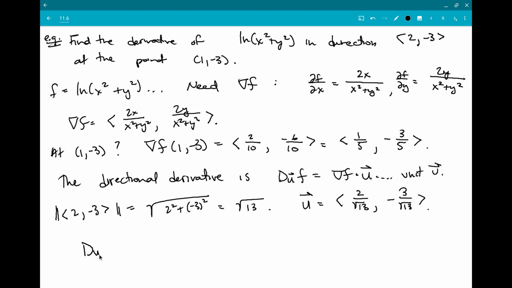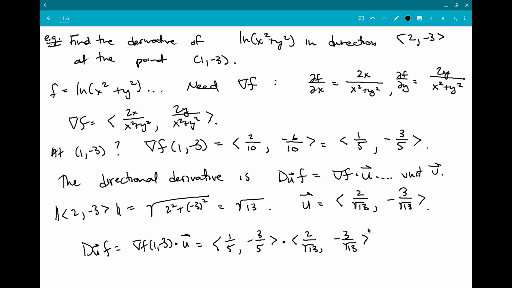And so my directional derivative is going to be grad f of 1, minus 3 dotted with u. That's going to be 1 over 5, minus 3 over 5 dotted with 2 over root 13, minus 3 over root 13.